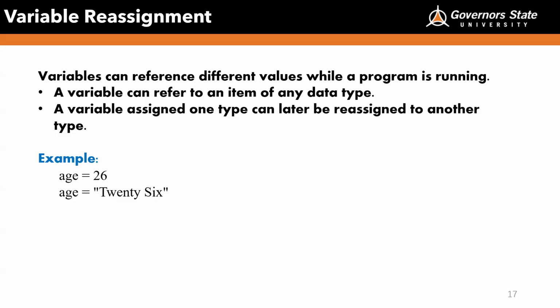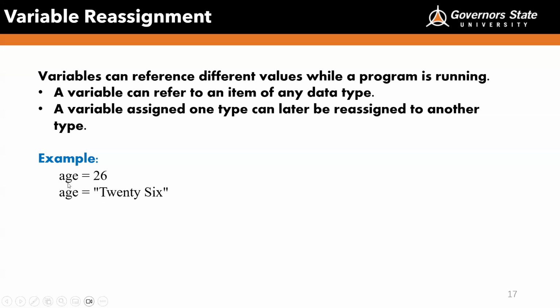But here is why we say Python is really easy to get into: you just need to assign them. For example, in Java you have to use int age is equal to some number.